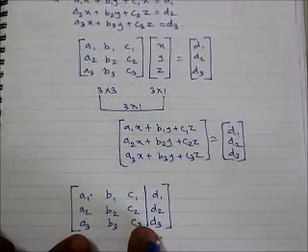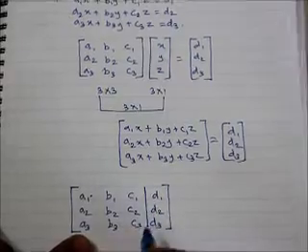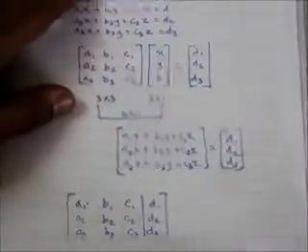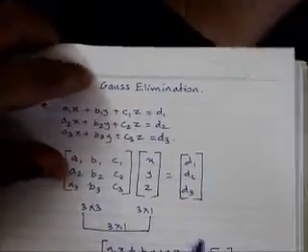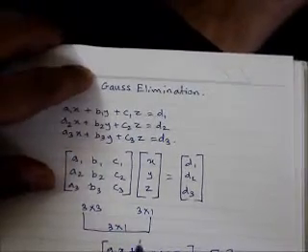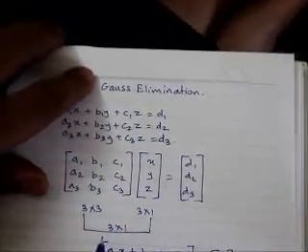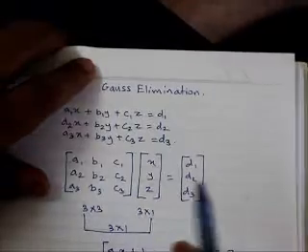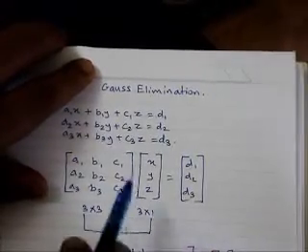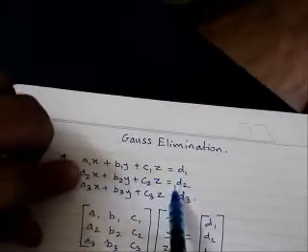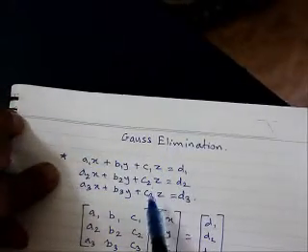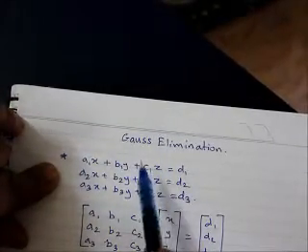I have done this because, if you remember, in the 10th standard when we had to solve equations of the kind a1x plus b1y is equal to c1, what we used to do was subtract one equation from the other, the third from the second from the first.